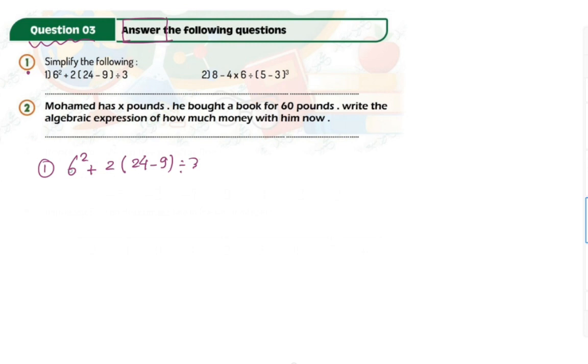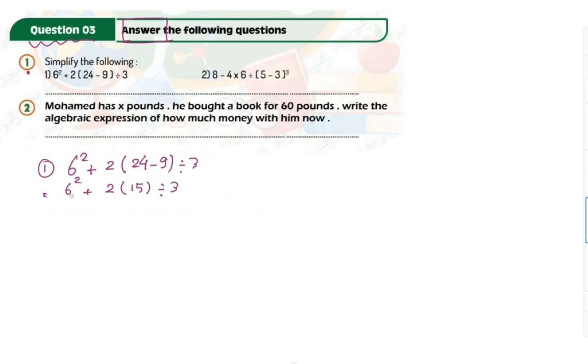If you look clearly, here we have an exponent and parentheses. Start with what? This exponent or this parentheses? Of course, I will start with the parentheses. So that equals 6 to the power 2 plus 2 by this parentheses. This parentheses 24 minus 9 equals 15, divided by 3.